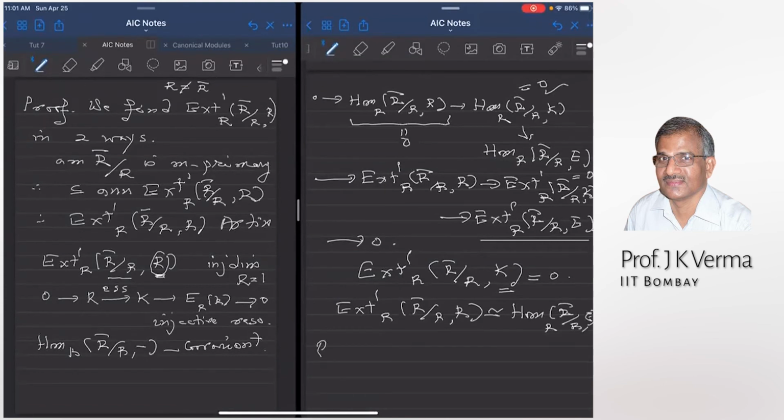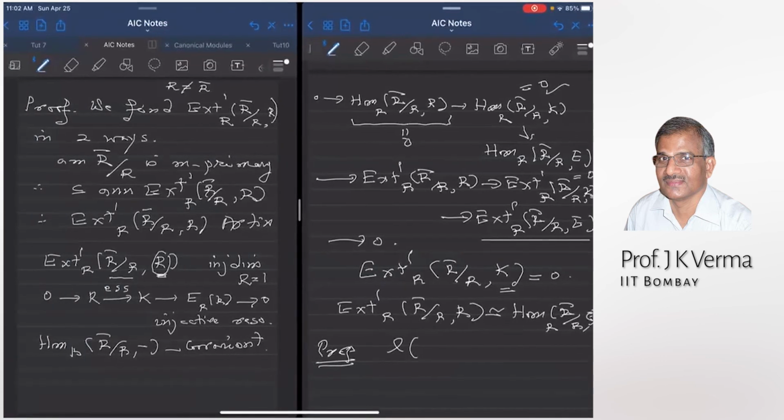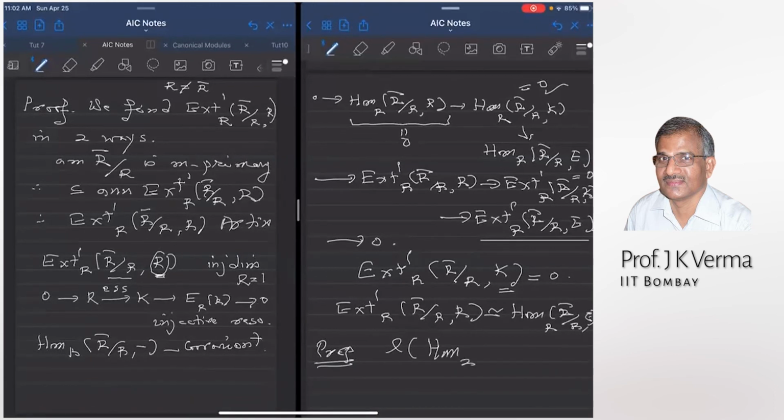Now, this proposition you can prove yourself: if E is the injective hull of the residue field, and M has finite length, then the length of the Matlis dual Hom(M, E) over R is the same as the length of M. Okay. So I get one formula for Ext^1.